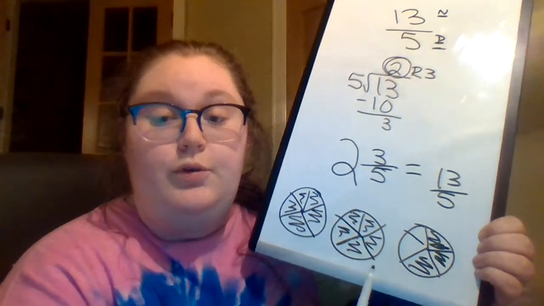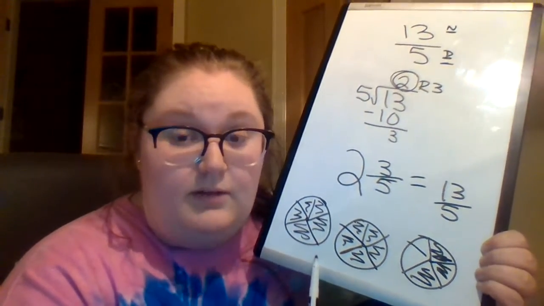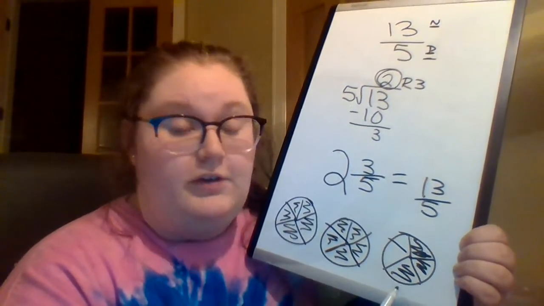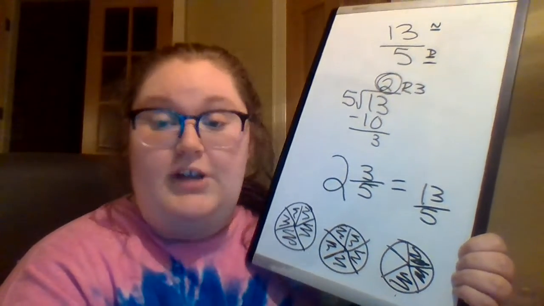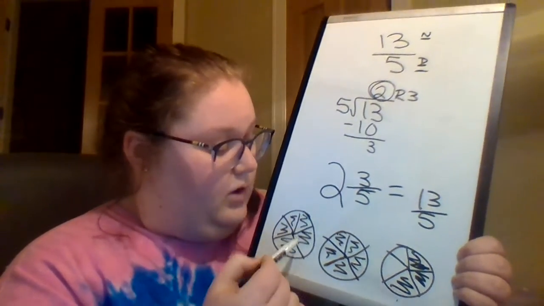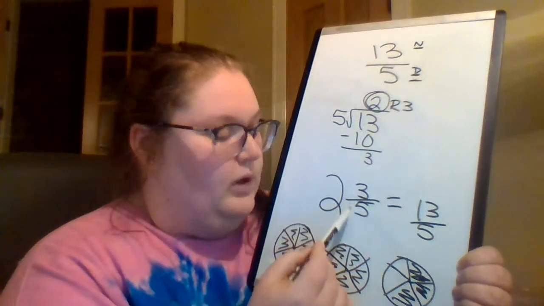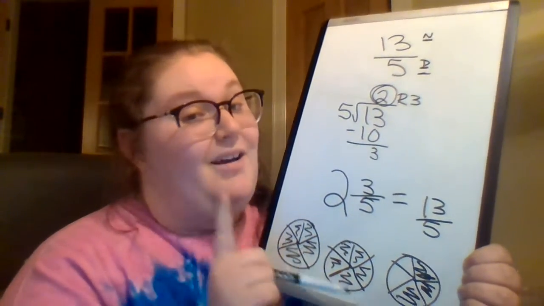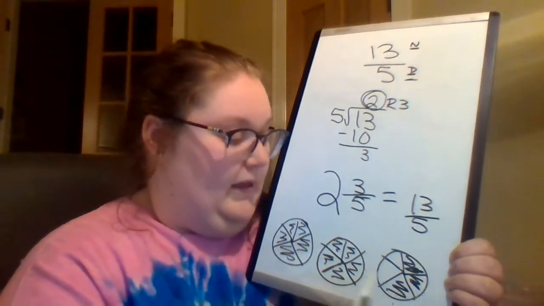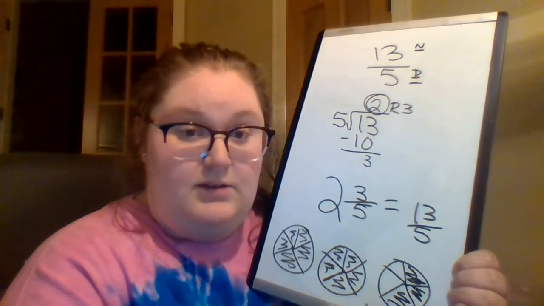So those are 2 full shaded circles, right? And then there's 3 out of 5 shaded. So I still have 2 3/5, but I also have 13 fifths.